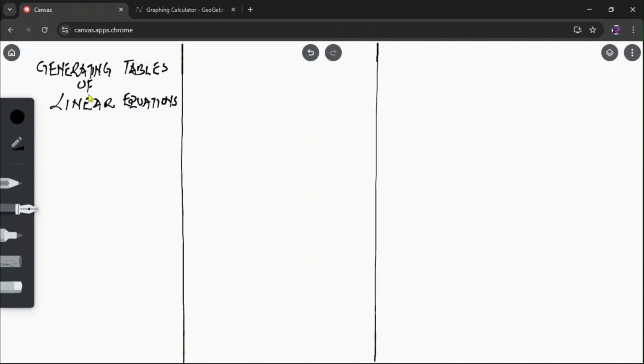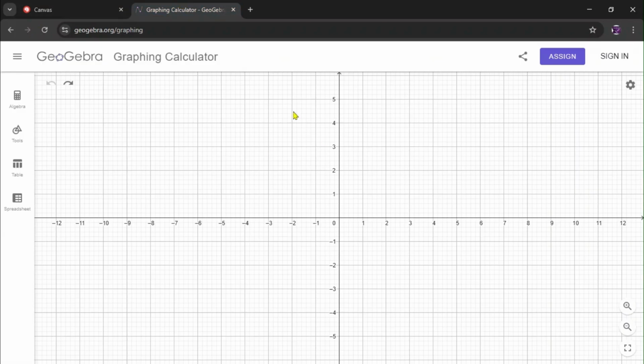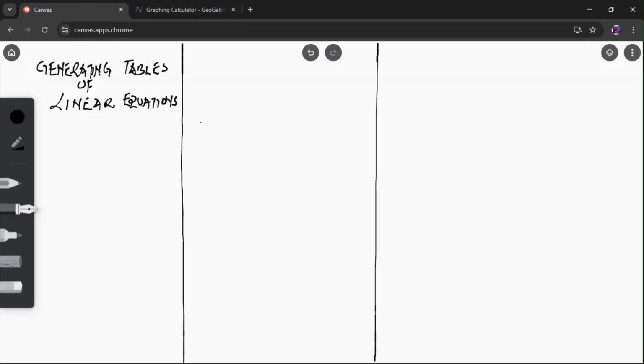Then after that, we are going to see in our graph. I have my graph here, how we are supposed to plot the points and draw straight lines. From the previous class, it's not our first time to discuss linear equations. Just a quick review: these are equations of a straight line.